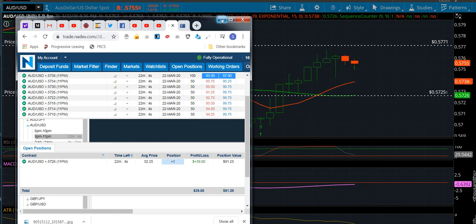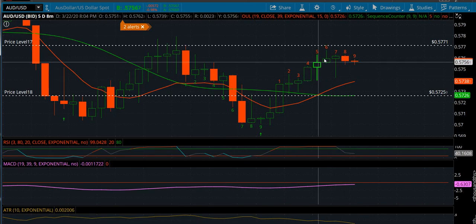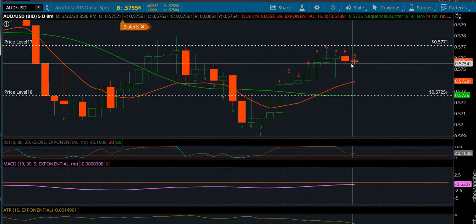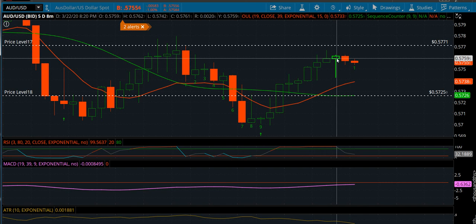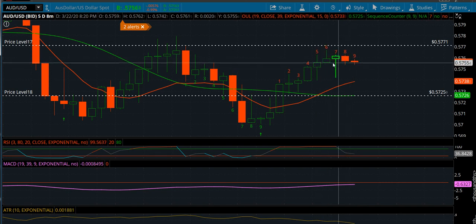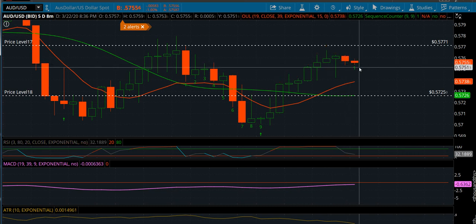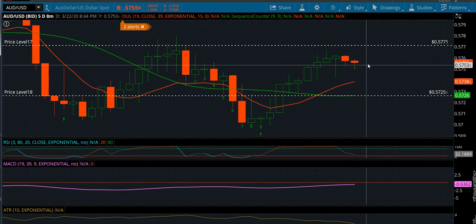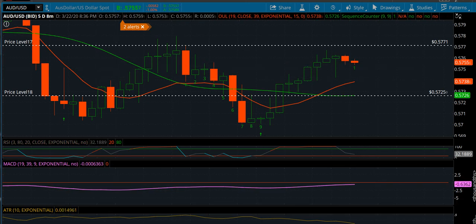Okay, now you just saw all those numbers go away. Because why? 1, 2, 3, 4. This bar is inside the close of this bar. So now it's printing, then it prints a 1. But it's just kind of meandering.